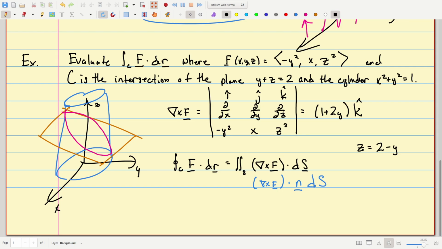And this element ends up looking like this, due to the nature of the projection.